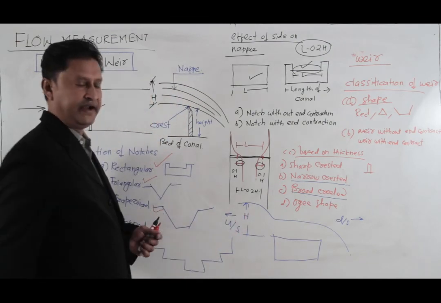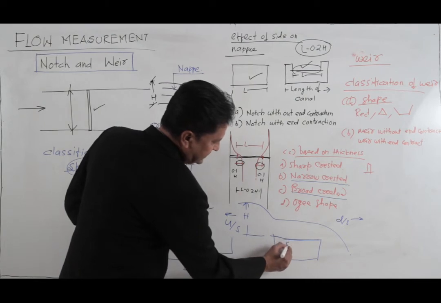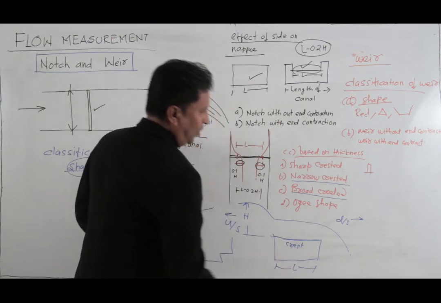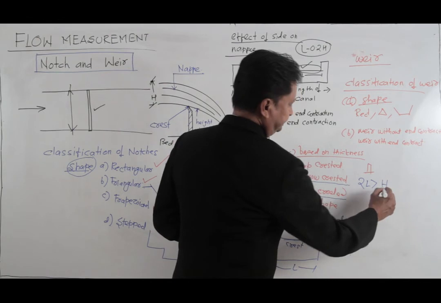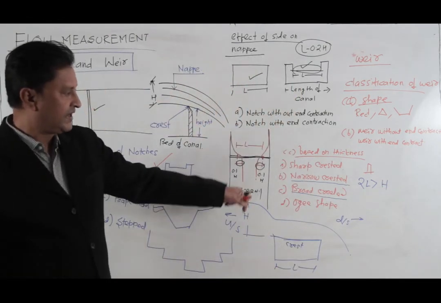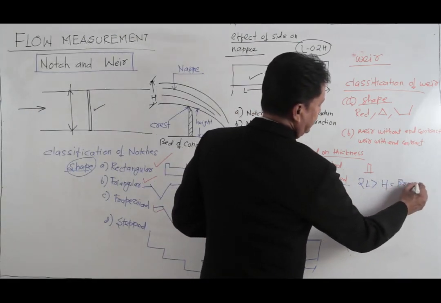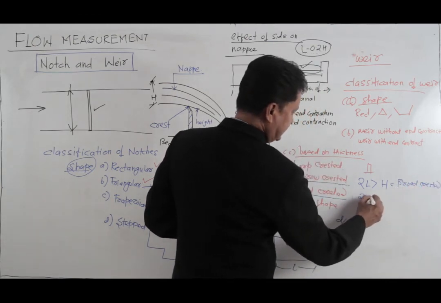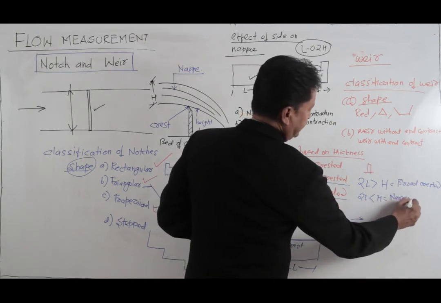The top edge of the weir is the crest and its length is, let's say, L. Now if twice L is greater than H, it is referred to as broad crested. And if twice L is less than H, it is called narrow crested.